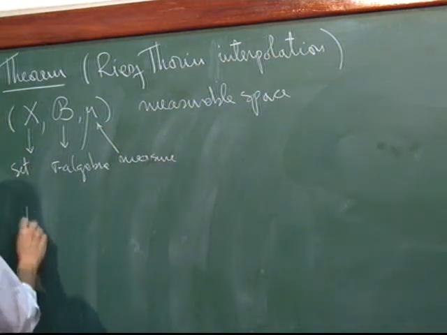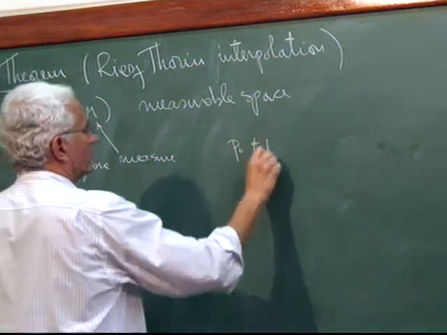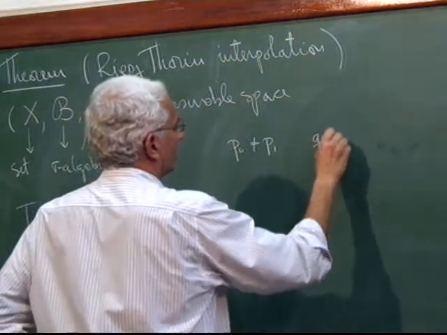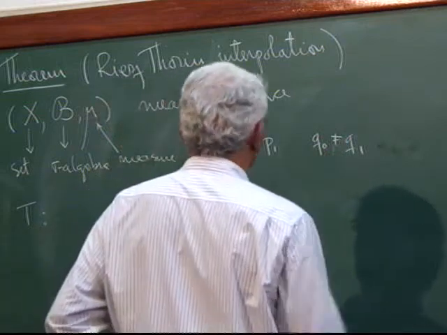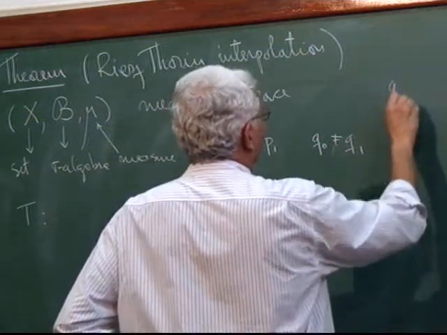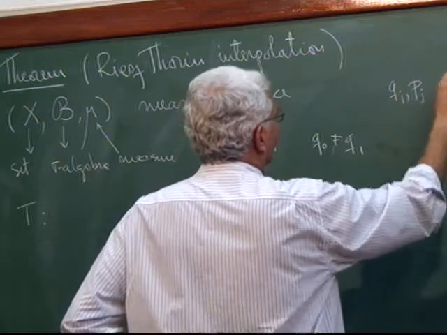Suppose that you have an operator T. Suppose that p0 is different from p1, and q0 is different from q1, and q_j and p_j are between 1 and infinity.